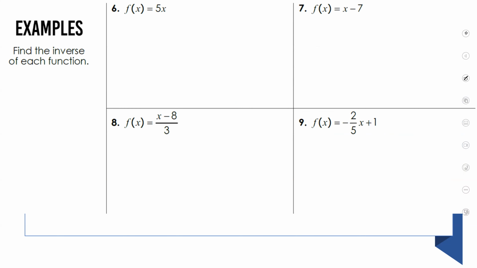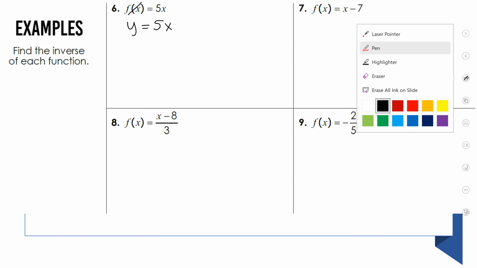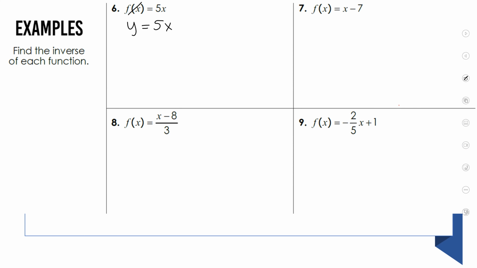All right, so here's example 1, or example 6, I guess. So this says y equals 5x. Remember, f of x is the same thing as saying y. So the next step is I interchange x and y. So I'm just going to switch their positions. X will go here, and y will go there.